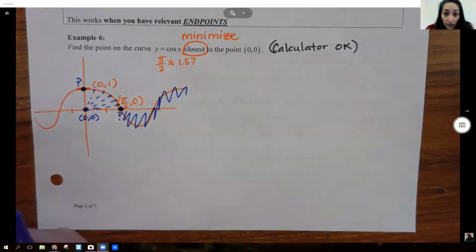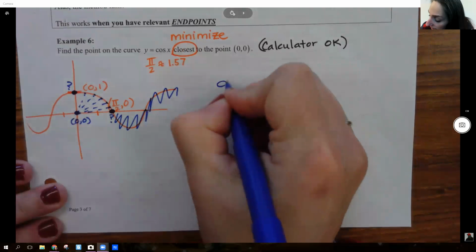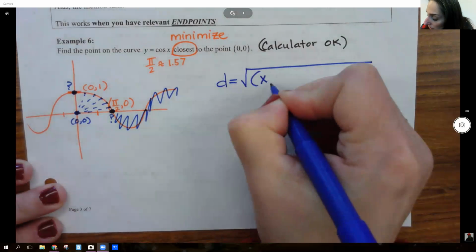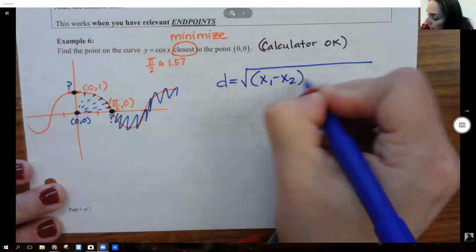So I need to take the derivative of something. So what are we minimizing? Distance. Distance, very good. So distance from yesterday is a big square root, like this.